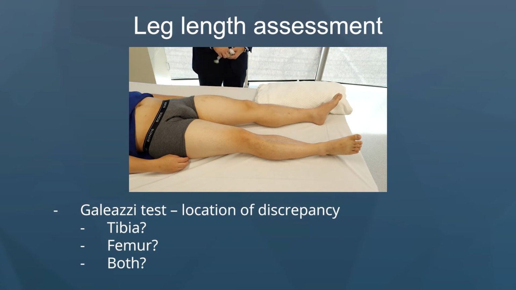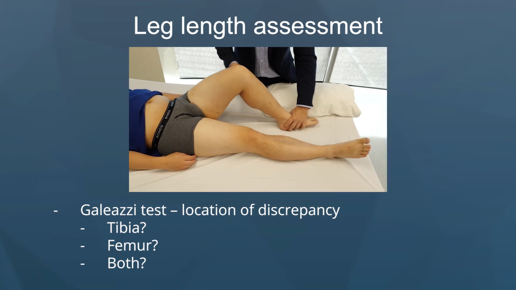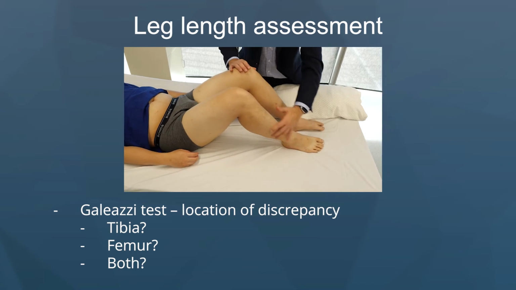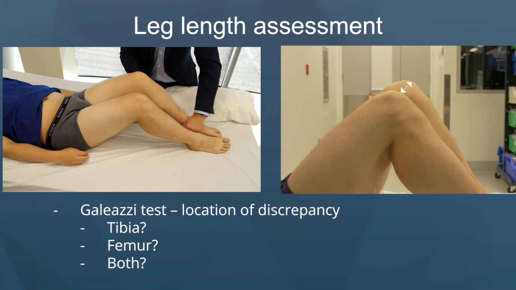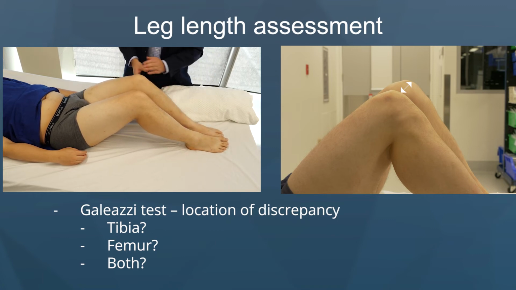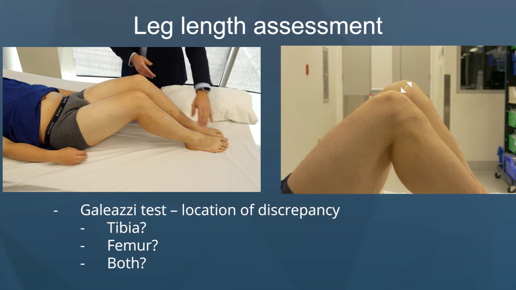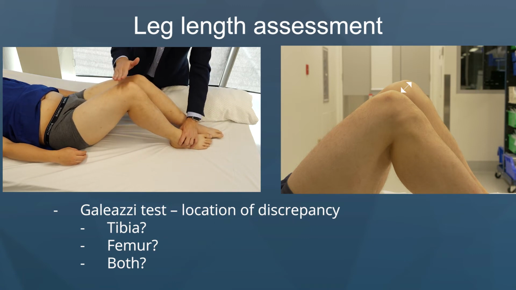If true shortening is present, you need to identify if the discrepancy is located in the tibia, the femur, or both. This is performed by using Galeazzi's test, by flexing the hips to 45 degrees and the knees to 90 degrees, with the feet flat on the bed, looking for asymmetry in the heights of the knees from the side and above.